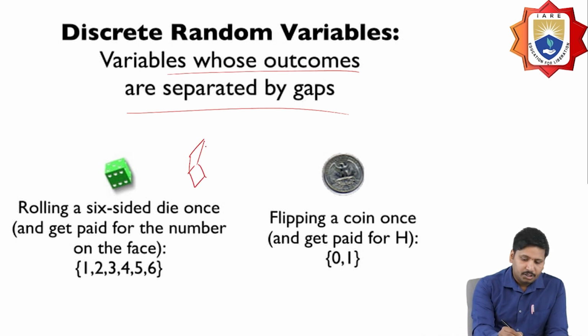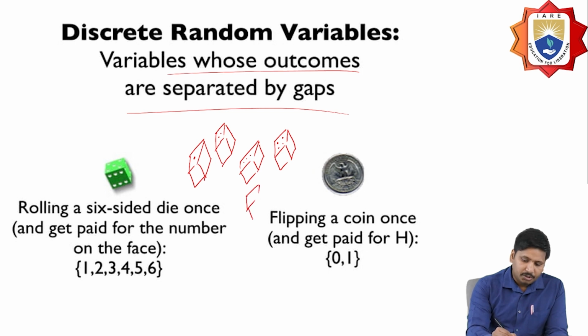So one option is getting 1, another option is 2, another option is 3, another option is 4, and another option 5, and then 6.